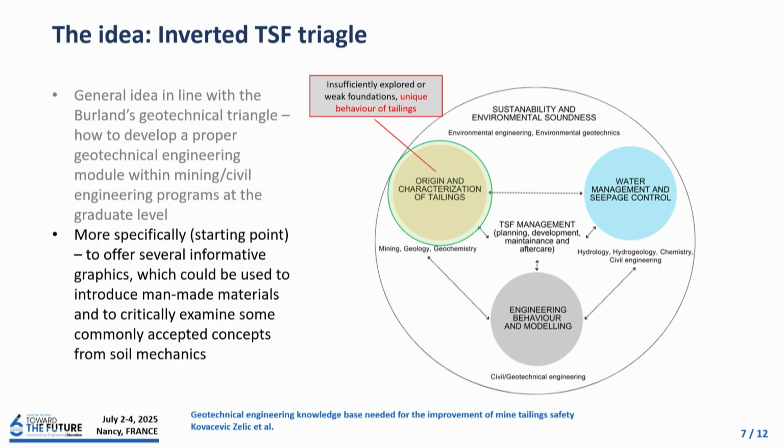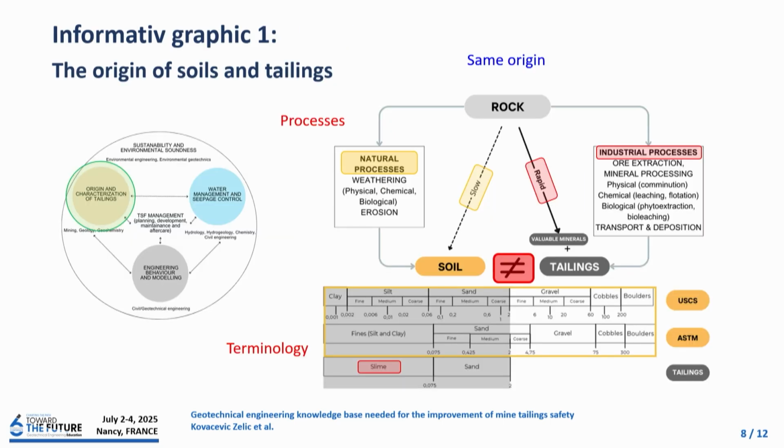And our idea is that we can offer something like that in our environmental geotechnics or mining geotechnics or geotechnical departments to students to introduce to them man-made materials and to critically examine some commonly accepted concepts from soil mechanics, whether they can be applied or how they can be applied to tailings materials.